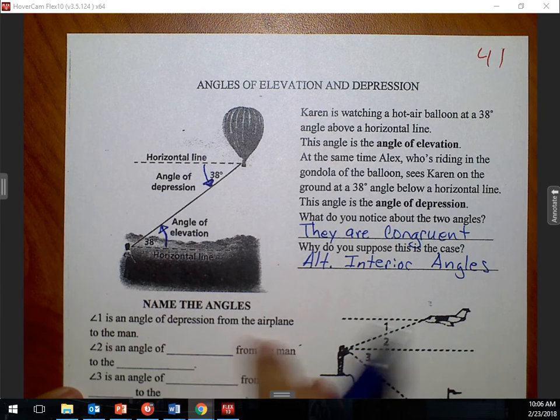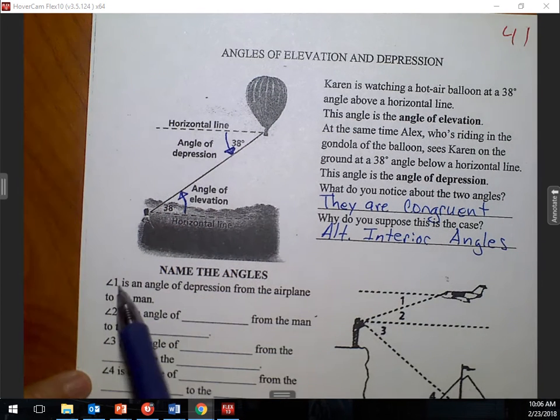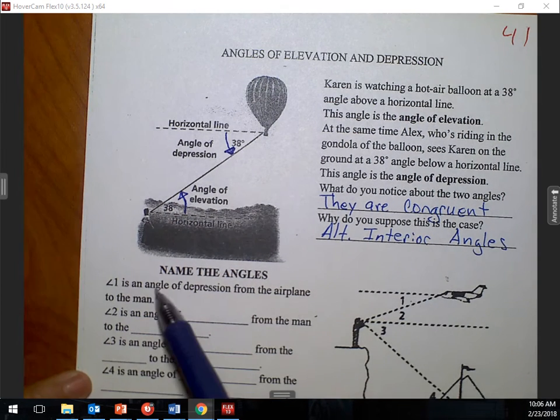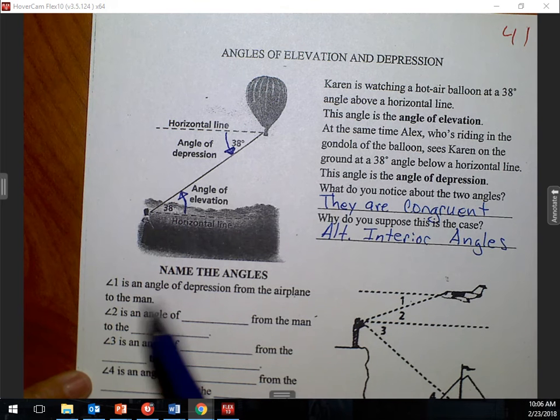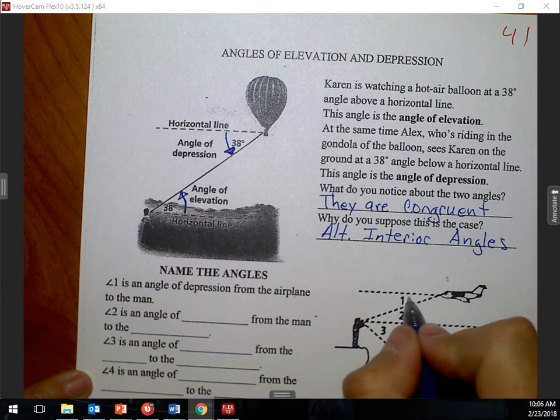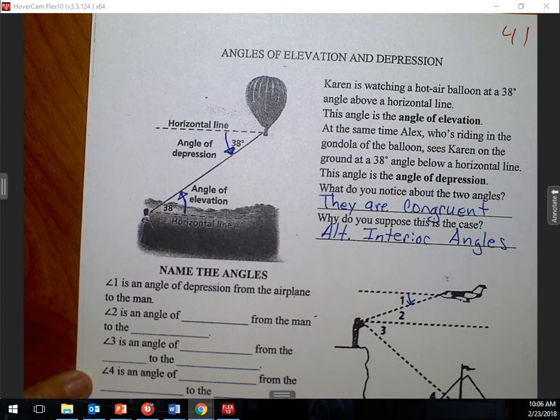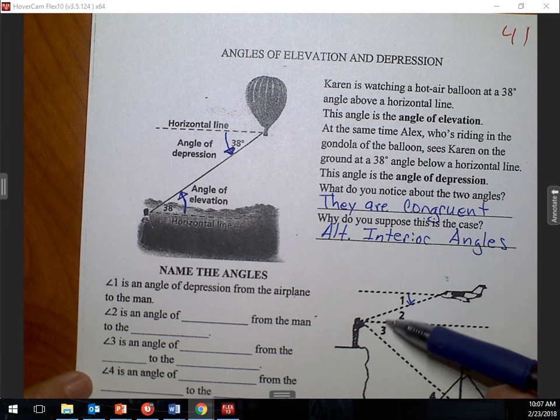So let's take a look. Name the angles. Angle 1 is an angle of depression from the airplane to the man. So that's going to be top down, right? Yes? Angle 2 is an angle of what? Elevation. It is elevation because it's going from his line of sight, his horizontal line, and he's looking up.